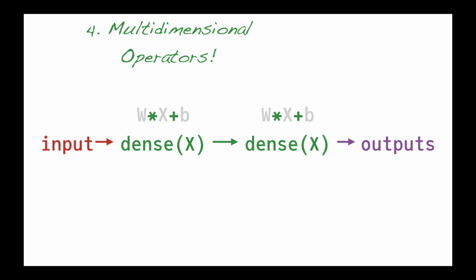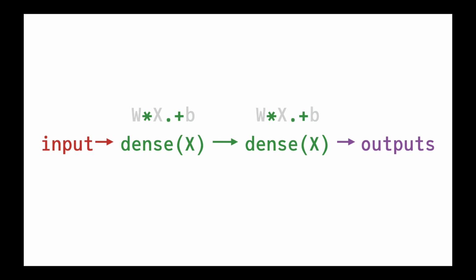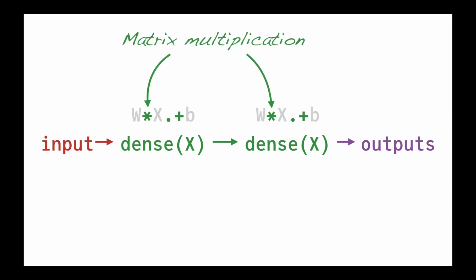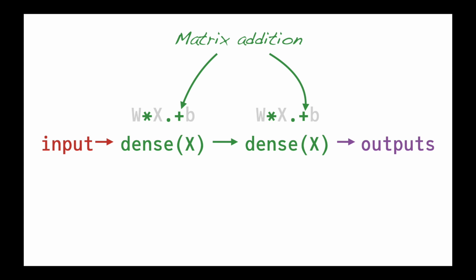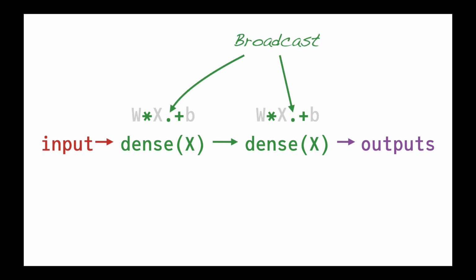And today we're going to spend a good amount of time talking about two of these operators. The first one is matrix multiplication, and this is how we're going to take a multi-dimensional input and feed it into a function and generate a multi-dimensional output. We're also going to talk a little bit about matrix addition. In Julia, that's implemented with a broadcast, so we'll talk about how that works as well.